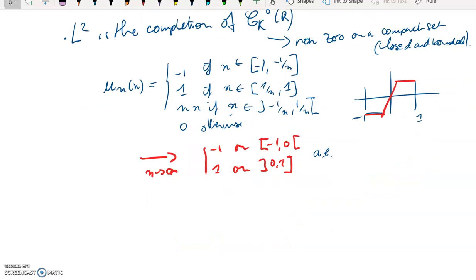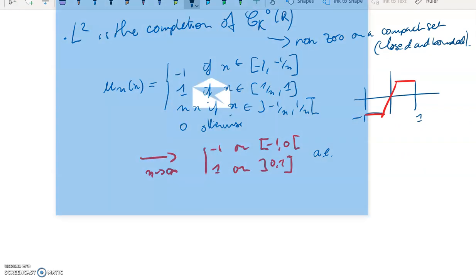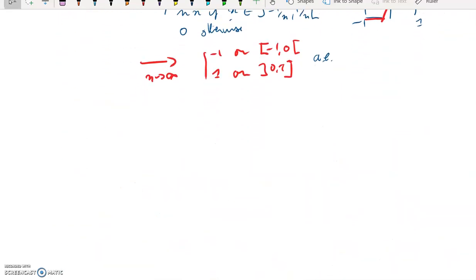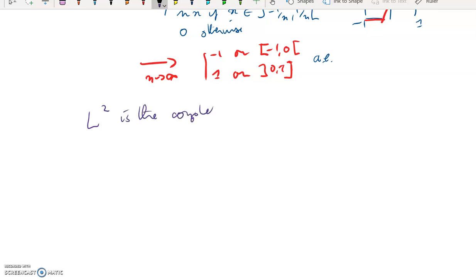But it converges to a nice function that is as many times as you want integrable. We're not going to prove this, sorry about that, because it would be long, but L2 is the completion of C0 in the sense of integrable functions.